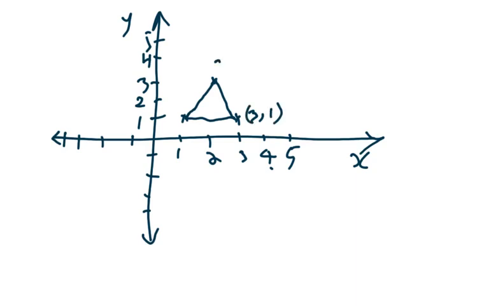That would be 2, 3. Always we need to label, remember the x coordinates are labeled first and then followed by the y coordinates. And this would be 1, 1. Now let us say, this time, the reflection is along the y-axis.